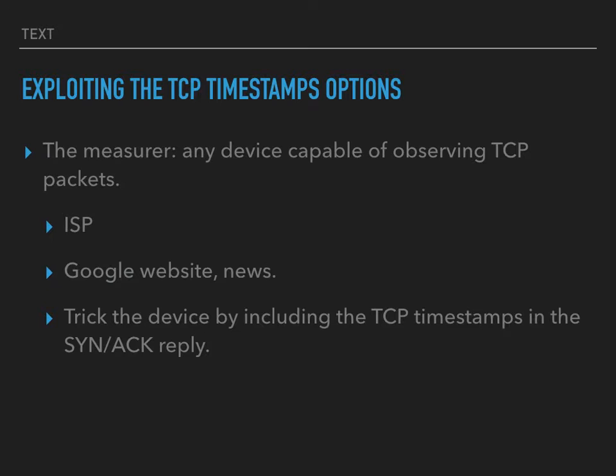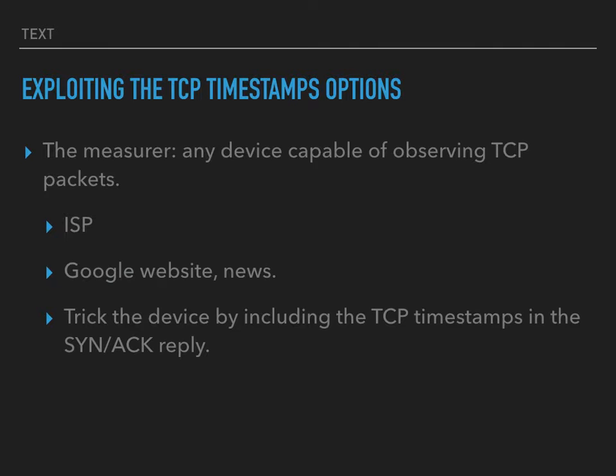Here I'm going to go over a method used by the author to obtain the clock skews. The author exploits the TCP timestamps in the TCP headers. First, I'm going to talk about the measurers. The measurer can be any device capable of observing the TCP packets. That can be the ISP or the Google website or any news website.